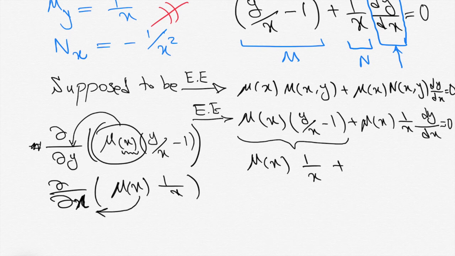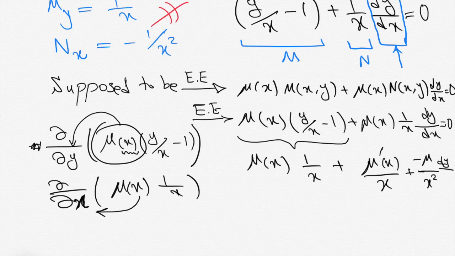But this time mu depends on x, the variable that we are taking the derivative with respect to. Therefore we can call mu prime of x its derivative with respect to x, over x plus mu over x.